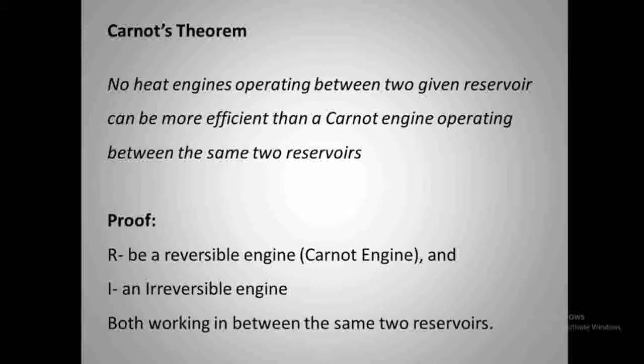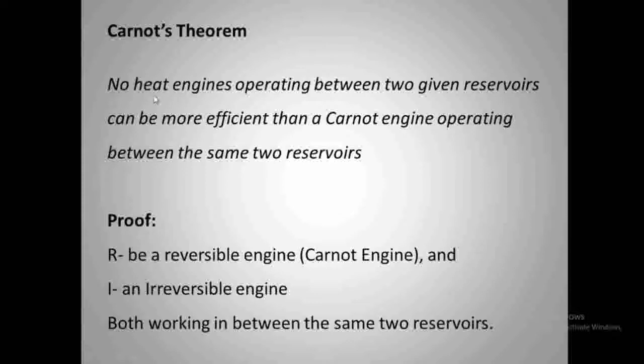It states that no heat engine operating between two given reservoirs can be more efficient than a Carnot engine operating between the same two reservoirs. That means no heat engine operating between two given reservoirs can be more efficient.